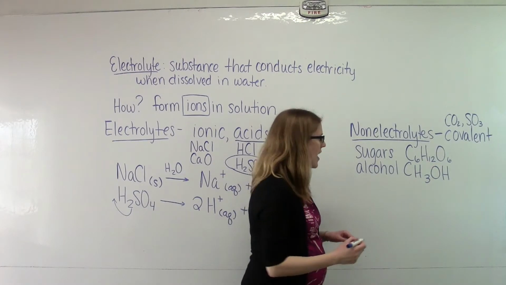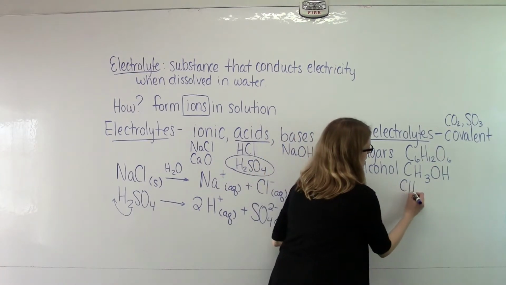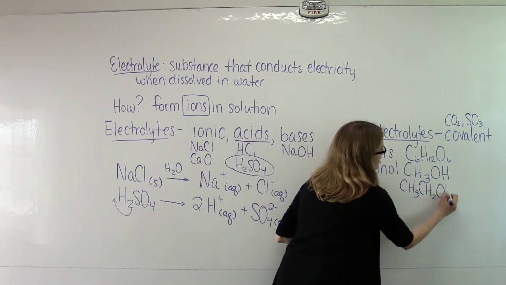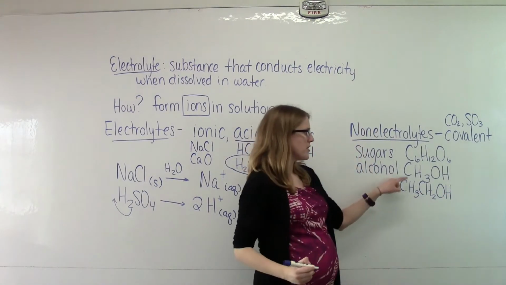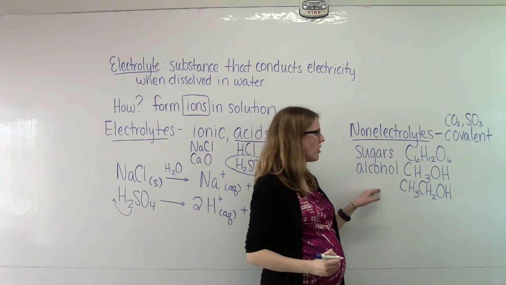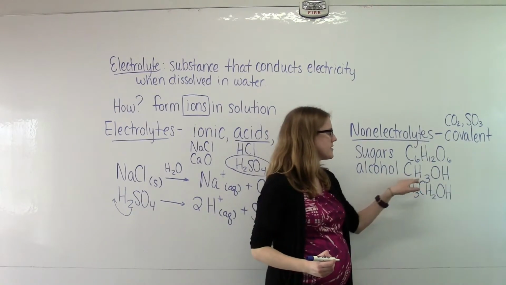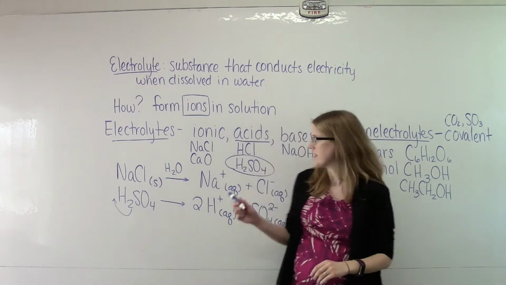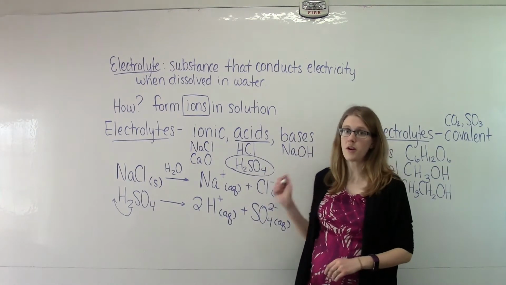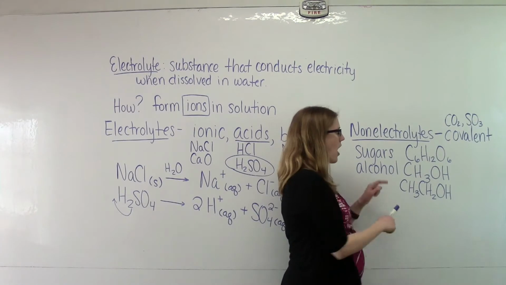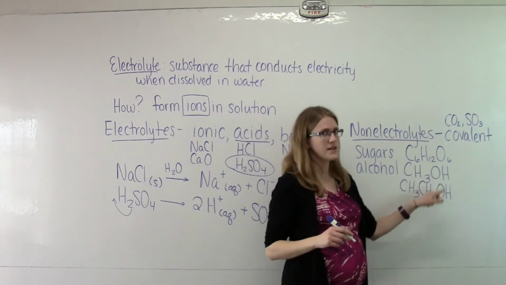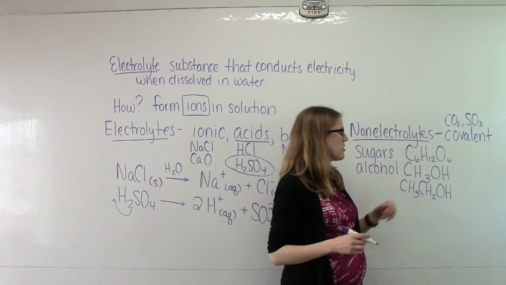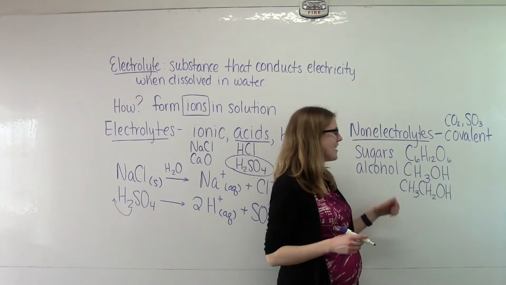We also have ethanol, which is CH2OH. What do you see as a pattern here? Alcohols are when an OH is attached to carbon and hydrogen. That is not a base, so it's a non-electrolyte. I wanted to point that out because you are going to see these alcohols in your homework, on your quizzes, and on your tests, and I want you to be aware of those not being electrolytes.